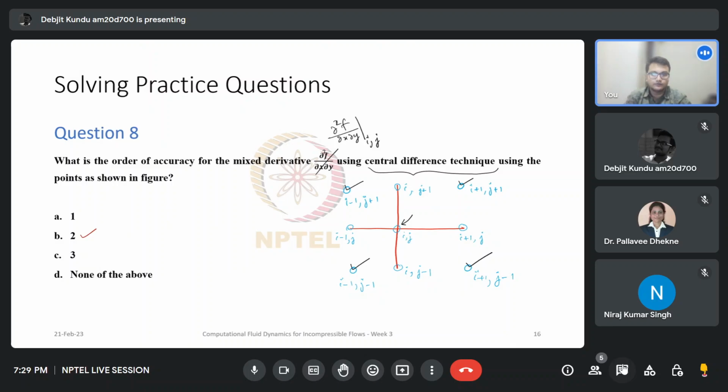Question number 8 of today's session is asking us what is the order of accuracy for the mixed derivative dou 2f, dou x, dou y using the central difference technique using the points as shown in the figure. Is it option A 1, option B 2, option C 3, or option D none of the above?